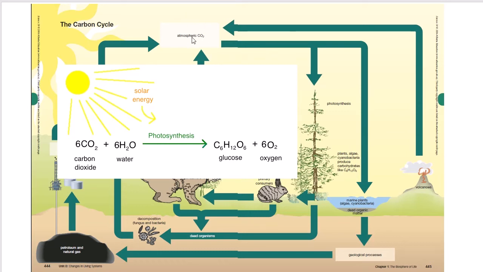So the first thing that we'll look at is, how does the carbon dioxide get from the atmosphere into the bodies of plants? So this process here is photosynthesis, and it's the moving of carbon dioxide from the atmosphere down into plant bodies. So it's this first arrow here. And you've learned about photosynthesis before.